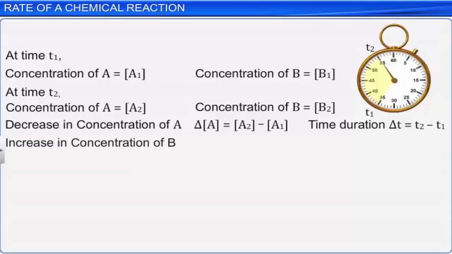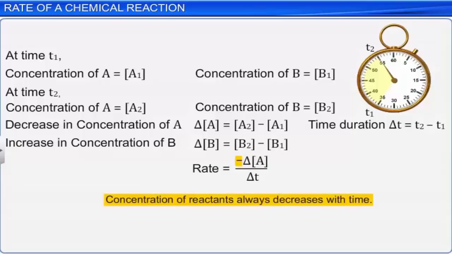Similarly, the increase in the concentration of product B, delta B, is given as B2 minus B1 during time interval delta T. Using the definition of rate of chemical reaction, we get the rate of the given reaction as a decrease in the concentration of A, minus delta A divided by time interval delta T. Now, delta A is a negative quantity since the concentration is decreasing with time.